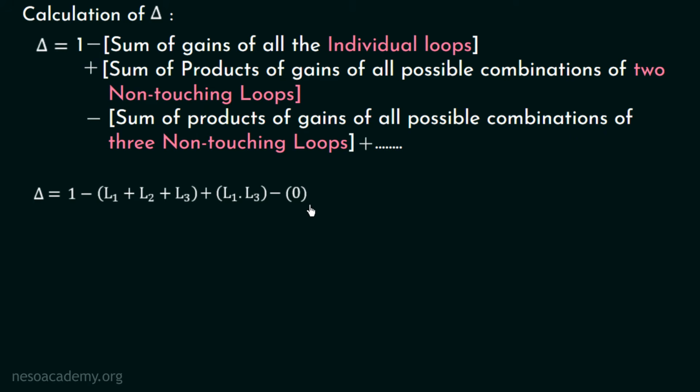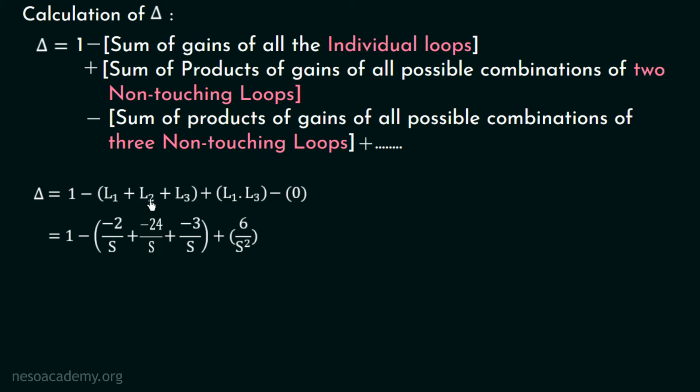And hence, the rest of the factors will become 0 and we will have the value of delta: 1 minus of minus 2 over s plus minus 24 over s plus minus 3 over s, plus 6 over s squared. The gain of loop L1 is minus 2 over s and the gain of loop L3 is minus 3 over s, and if we multiply these two we will have 6 over s squared.